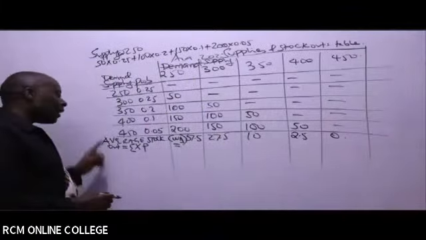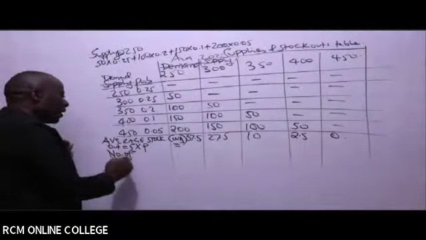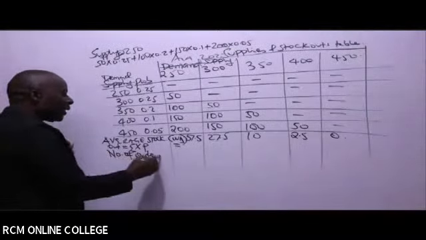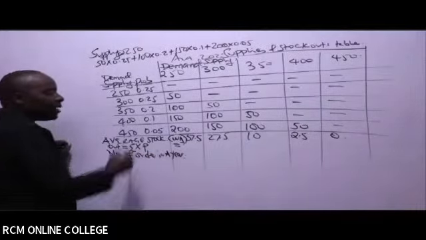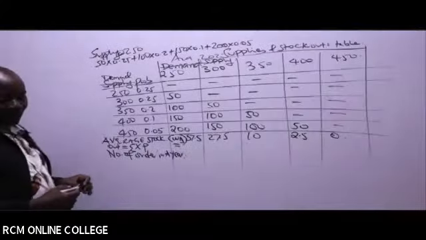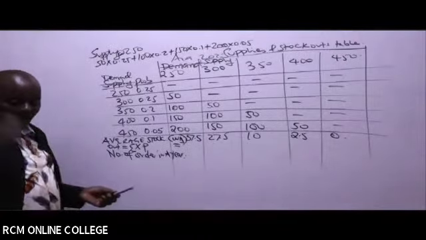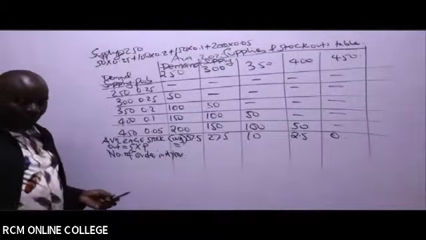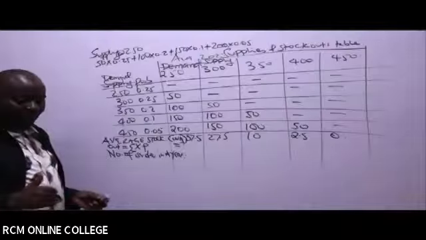So remember, this is the average stock out. You need the number of orders in a year. Has this examiner given us the number of orders in a year? It's given there. If you read those additional notes, additional information, the number of orders in a year has been given.